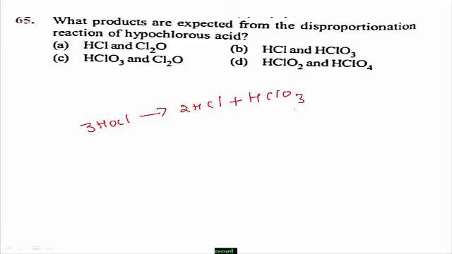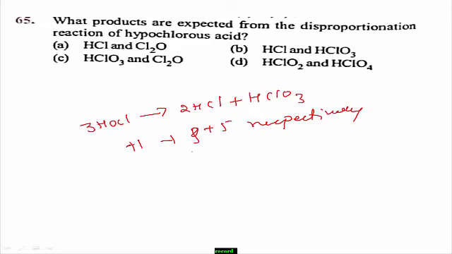The oxidation number of Cl in HOCl, HCl and HClO3 is +1, -1 and +5 respectively.